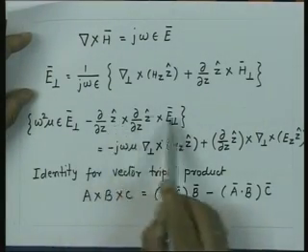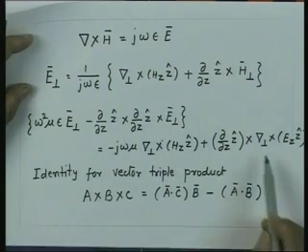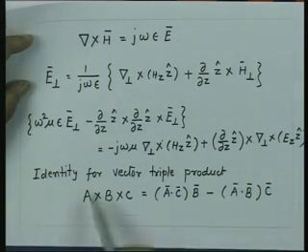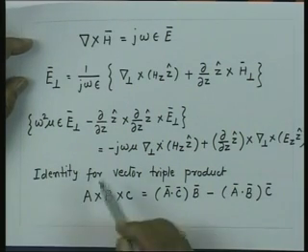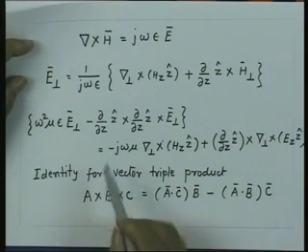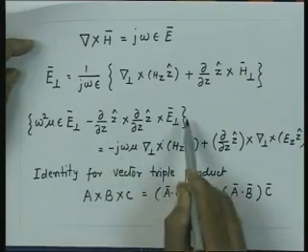I have a triple vector product here and a triple vector product here, so I can expand these using this identity. Let us look at the terms one by one.